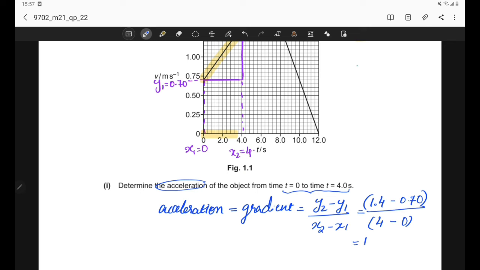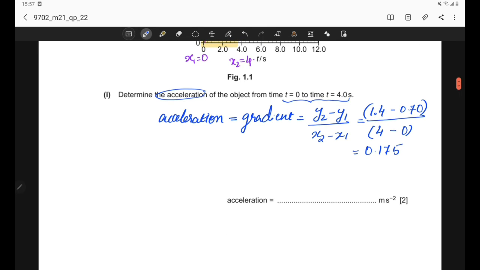And the answer is 0.175. When we write it to 2 significant figures, we can write 0.18. The unit is already given in the question. This is a 2-mark question. So, in order to score 2 marks, we should write acceleration is equal to gradient. And the last mark belongs to the final answer.